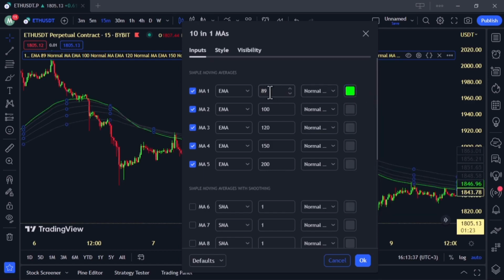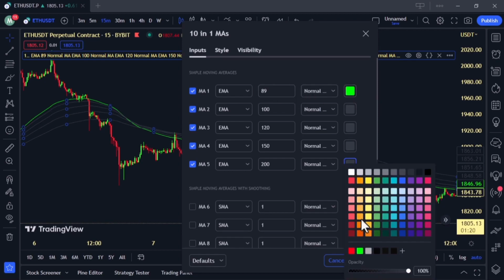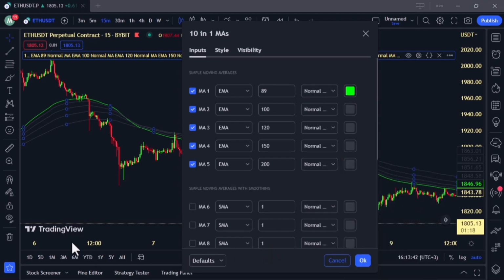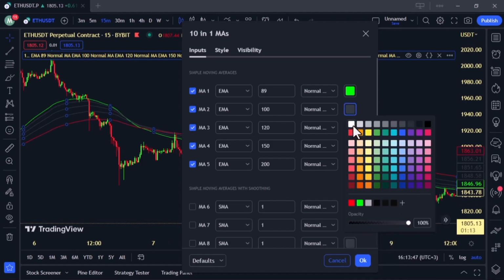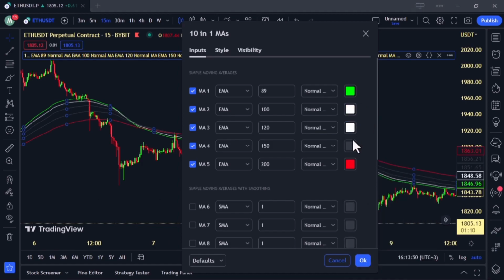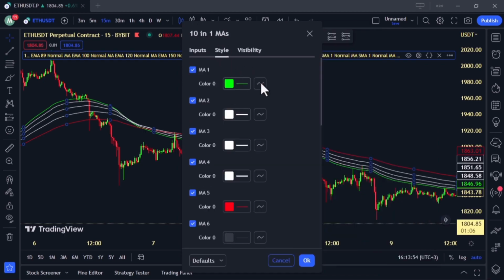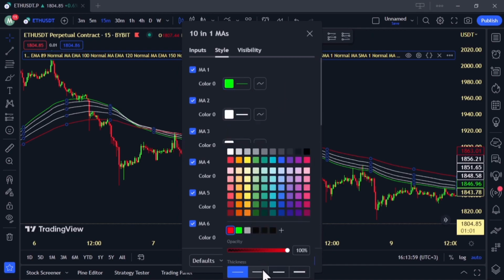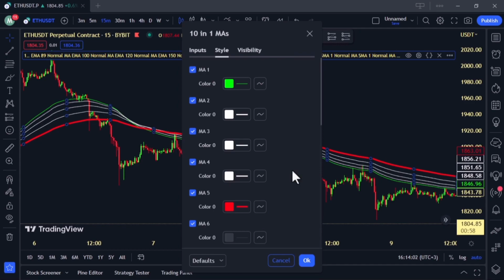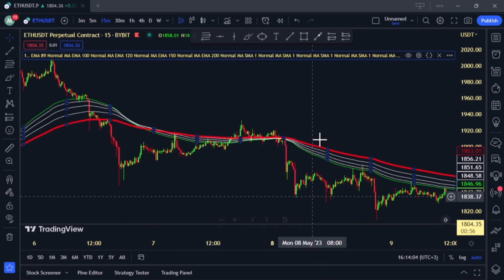The first one, the fastest moving average, is going to be green for me, and the smoothest one is going to be red, and the ones in between could be white, it doesn't matter. And I'm going to jump into the style section and change the thickness of the main one to red. And that's it. There you have it.